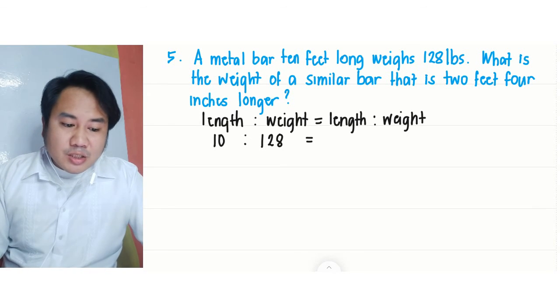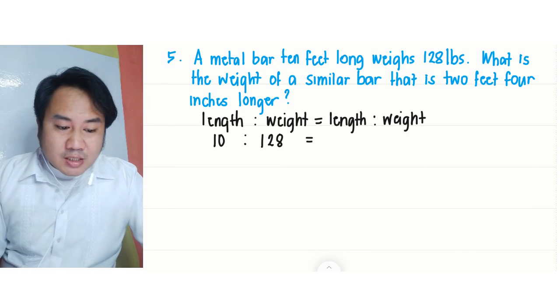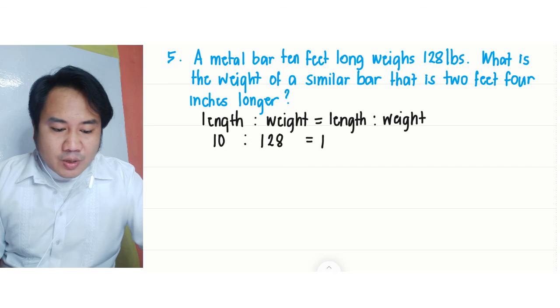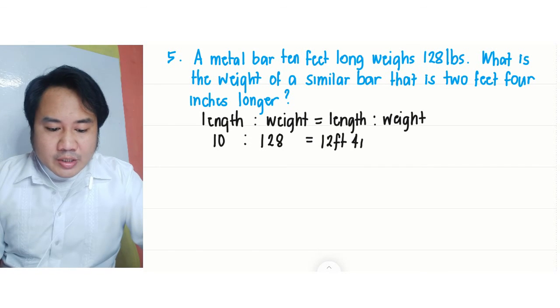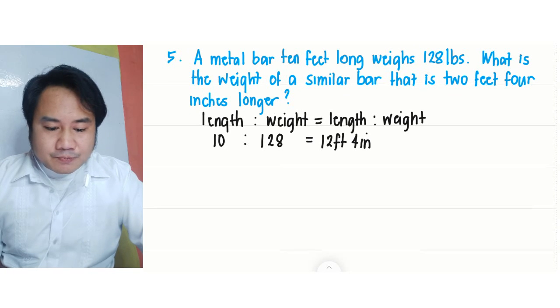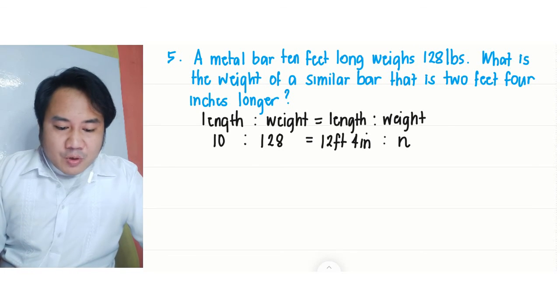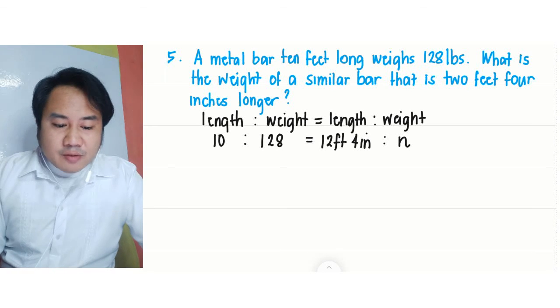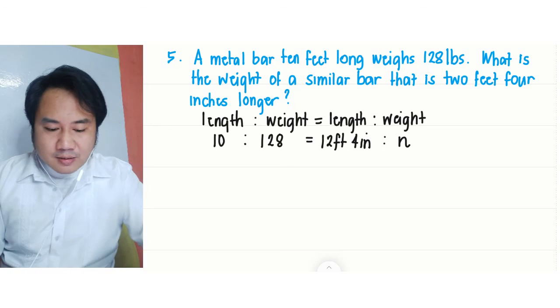So, idadagdag natin yon sa 10 feet. So, 10 feet plus 2 feet 4 inches is 12 feet 4 inches. And then we're solving for the weight. Before we solve for n, let us convert first or let us express 12 feet 4 inches into feet lang.